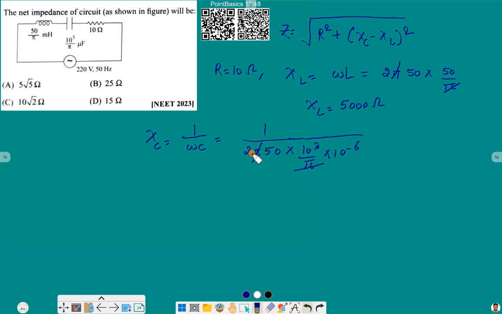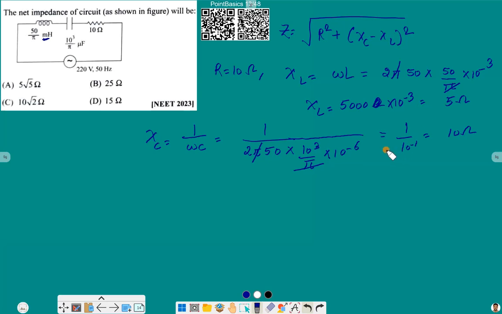So again pi cancelled, 50 into 100 into 10 raised to power 3, that will be 10 raised to power 5 into 10 raised to power minus 6, so 1 by 10 raised to power minus 1, or 10 ohms. Okay, we missed one thing. This was millihenry, so we have 10 raised to power minus 3 here, and we get 5 ohm.